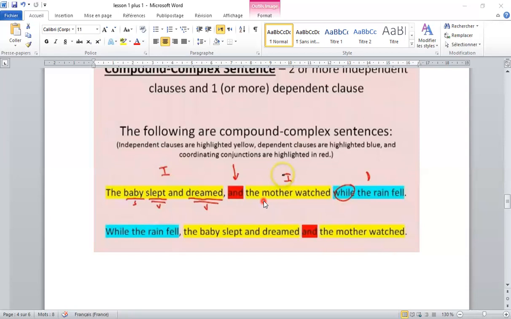So "the rain fell" is dependent, and "while" is a conjunction that links the two main clauses with the dependent clause in red, "the rain fell." That's why it is compound-complex.